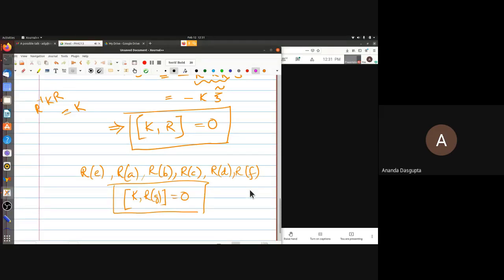So if you can find a basis in which RE, RA, RB, RC, RD, and RF were all diagonal simultaneously, then it's easy to see that K would also be diagonal in that basis. Being diagonal in the basis means that the basis vectors are the eigenvectors. And as I said in the last class, if you know the eigenvectors, finding the eigenvalues is trivial.